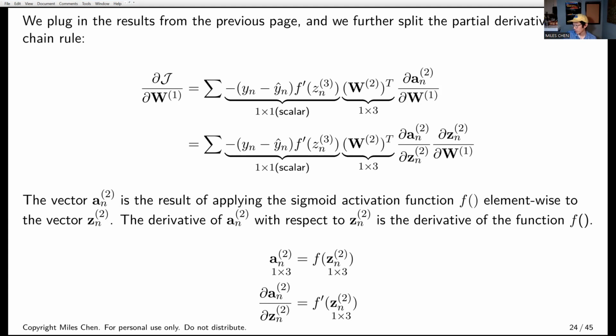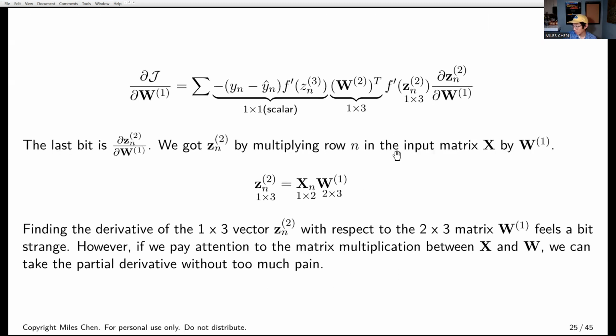So the gradient with respect to this is just going to be f prime on each of these elements, because each element in that row of A is just the result of passing z into our activation function f. So we're just going to say, what is f prime of this? This is also going to be 1 by 3, right?